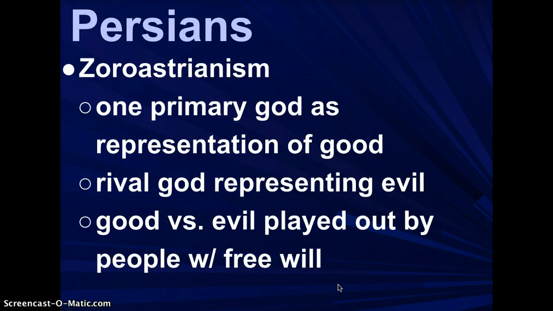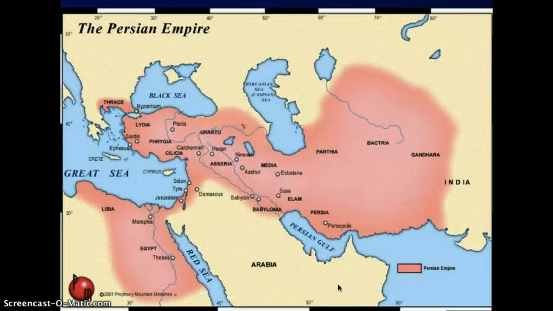Polytheism, P-O-L-Y-T-H-E-I-S-M. Okay, and there you can see that the Hittites were up here, the Assyrians were right around here, and the Persians are just much, much bigger, and we're going to study them later in the year.